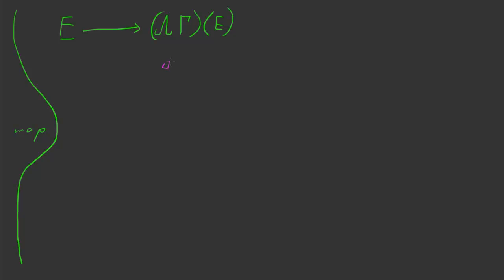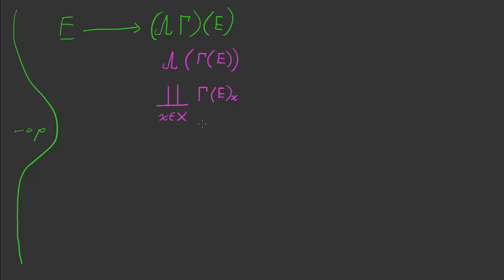So this is, of course, lambda of gamma of E. As a set, this is equal to a disjoint union of all x inside of X of the stalk of gamma of E at x. I'm just writing down the definition of lambda.